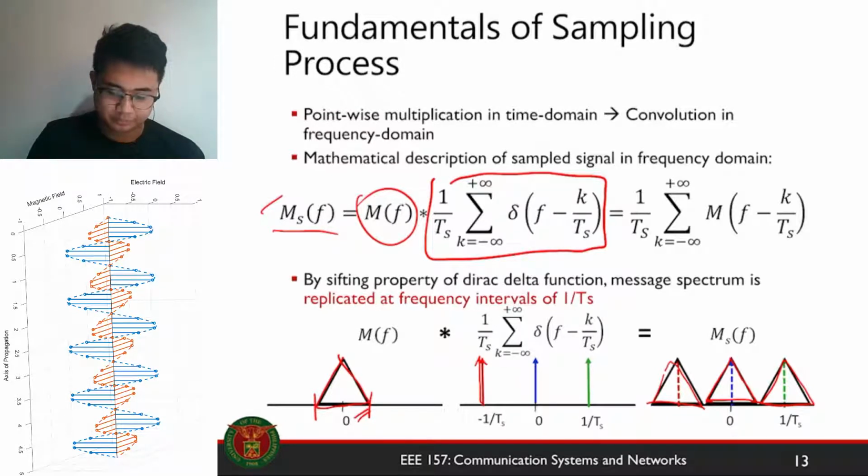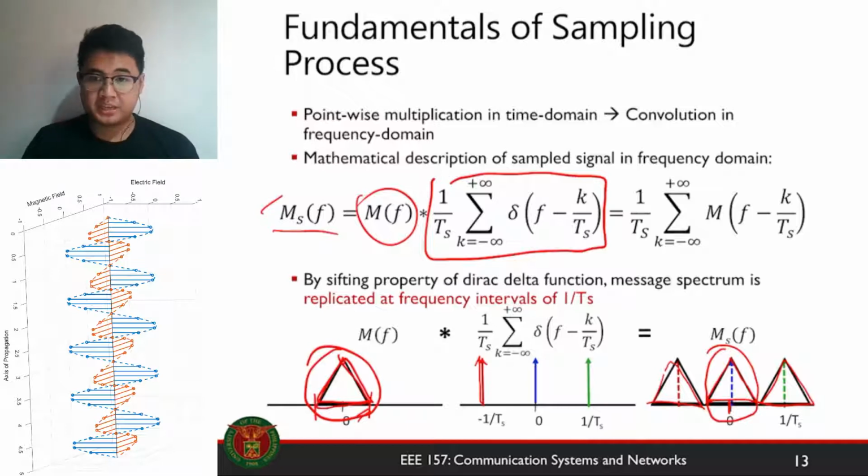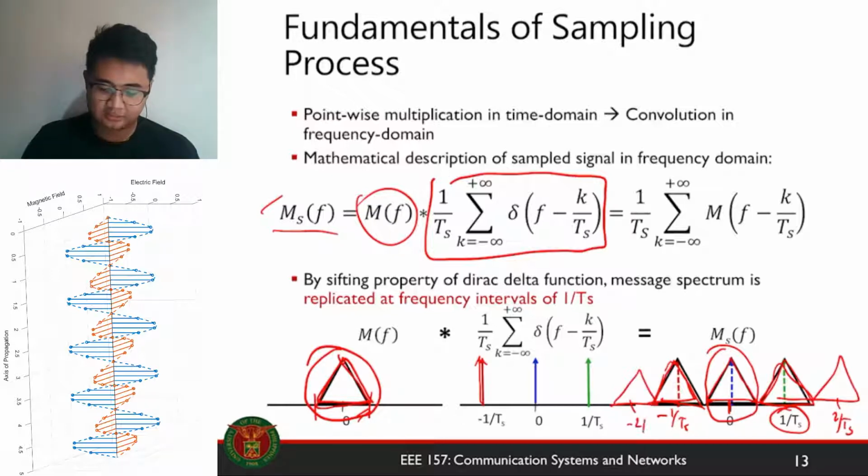Okay? So this is your original message right here, centered at 0. It's still the same right here, centered at 0. Same bandwidth, same shape. But some replicas appear and they're centered at 1 over Ts and negative 1 over Ts, and so on and so forth. There's also a replica here at 2 over Ts, and another at negative 2 over Ts, and so on.